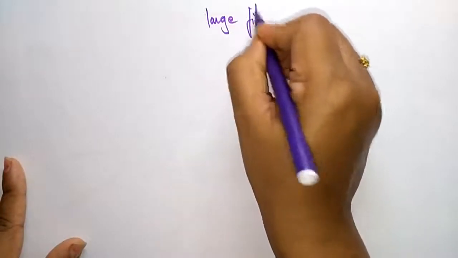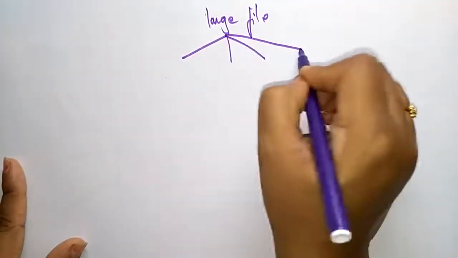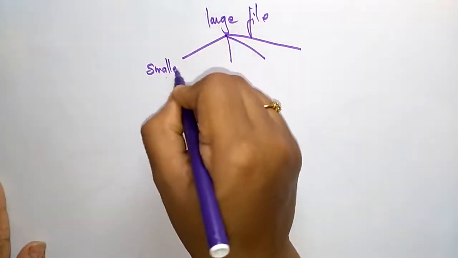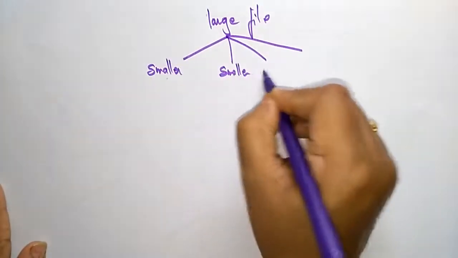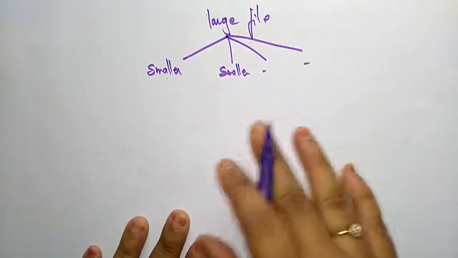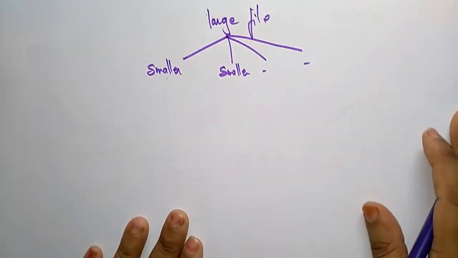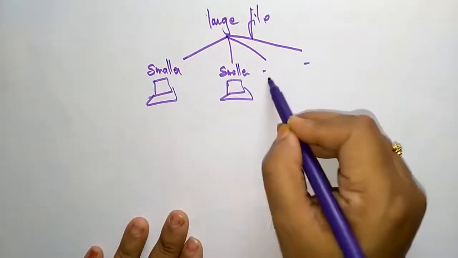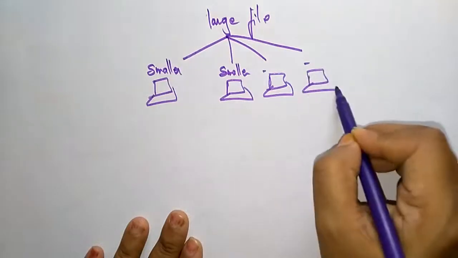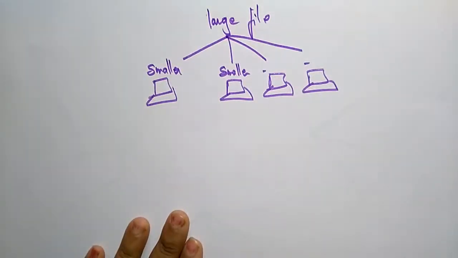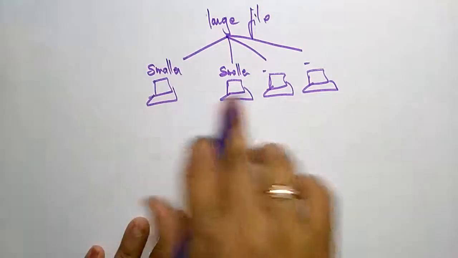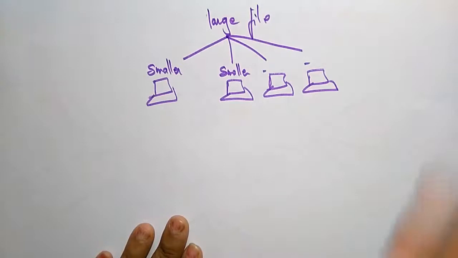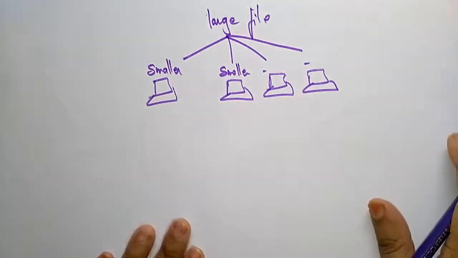This large file will be broken down into smaller pieces and distributed throughout the available computing resources for execution. Whatever computing resources are available in the architecture, the large file will be broken down into smaller pieces and distributed across all those systems for execution.